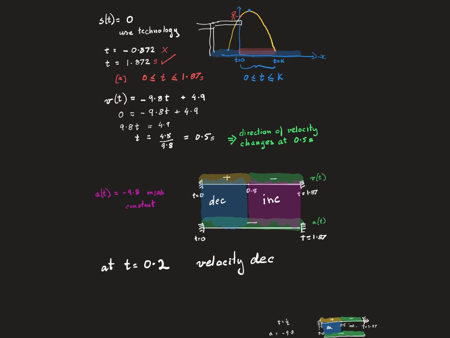And for the second part of the question, at t is equal to 1 second, we can check it on the diagram. 1 will be somewhere around here. We know that in this case, the speed will be increasing. Done.